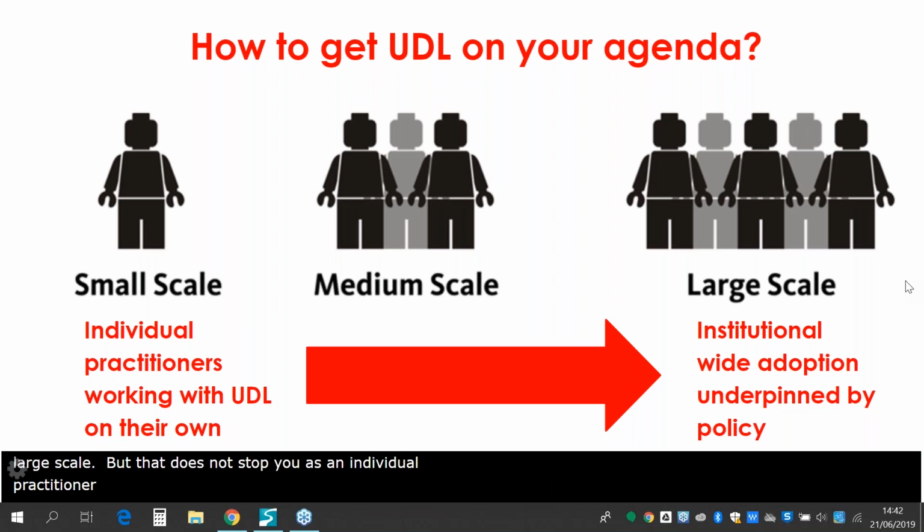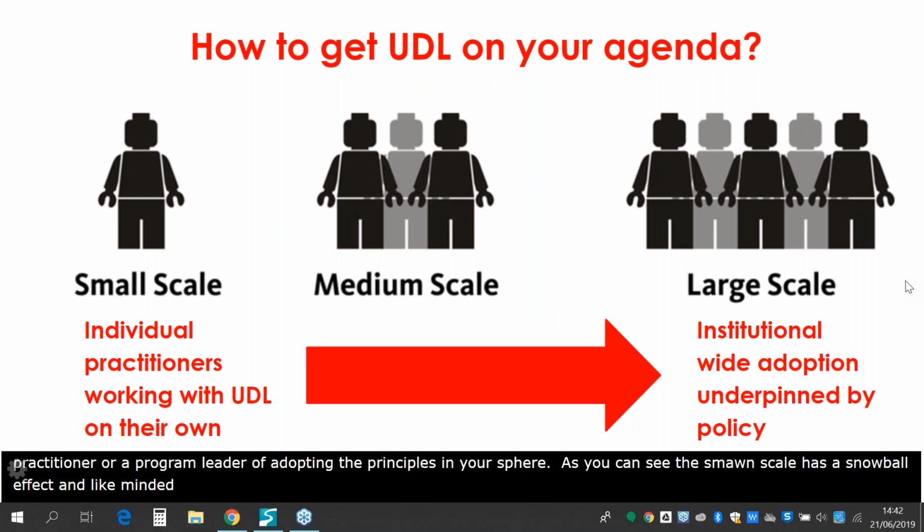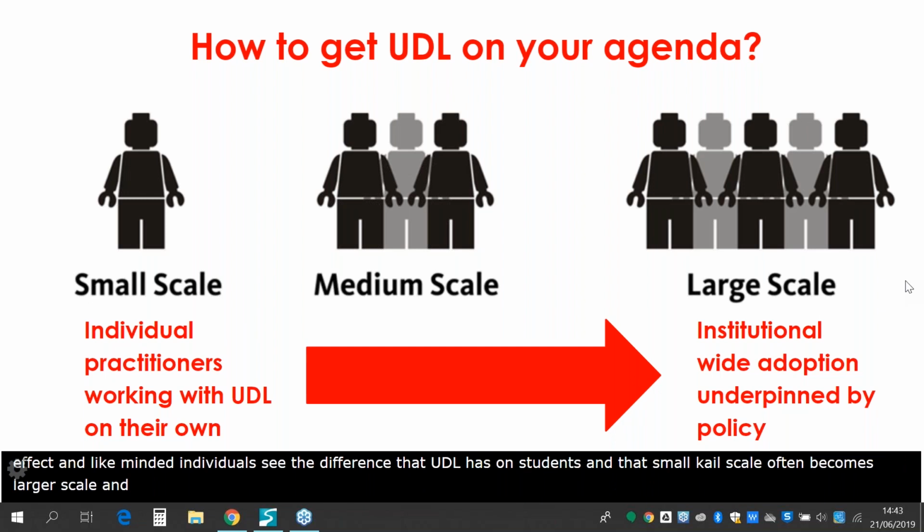As you can see, the small scale has a snowball effect, and like-minded individuals that see the difference that UDL has on students' outcomes gather together, and that small scale often becomes larger scale to medium scale to institutional approaches. But obviously, large institutional support is crucial to have a big bang approach.